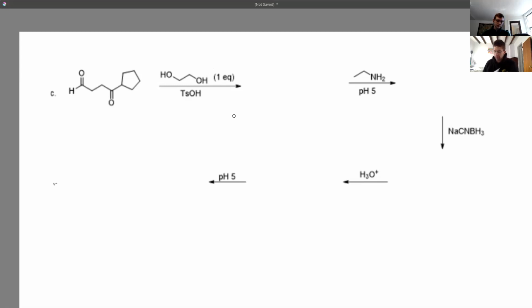Don't we talk about this? Does this just have to do with the reactivity of ketones versus aldehydes? What do the rest of you think?